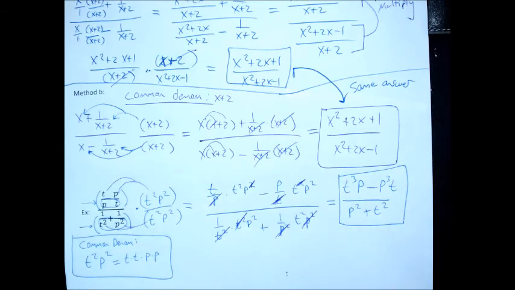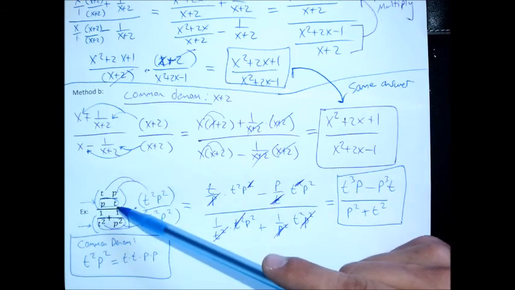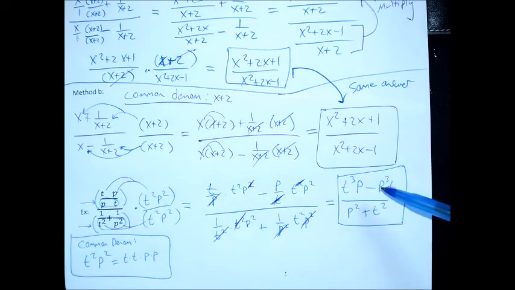There's something left over every time because we're putting enough in there to make sure everything cancels. And then whatever is left, we just write down here. And the whole point of this, to remind you, is that we started with a compound fraction and now we don't have a compound fraction. And so that's nice. It's nicer than dealing with a compound fraction. Questions about that one?